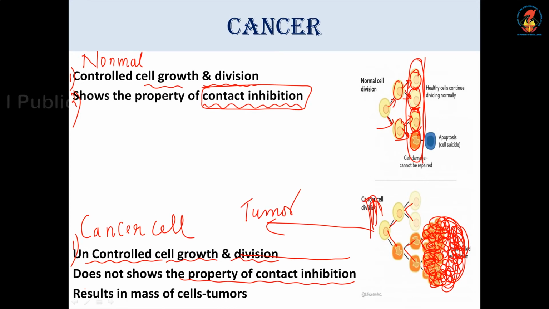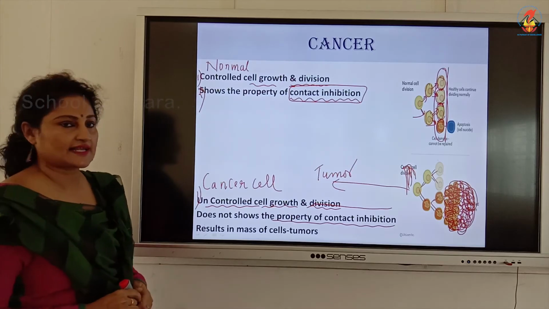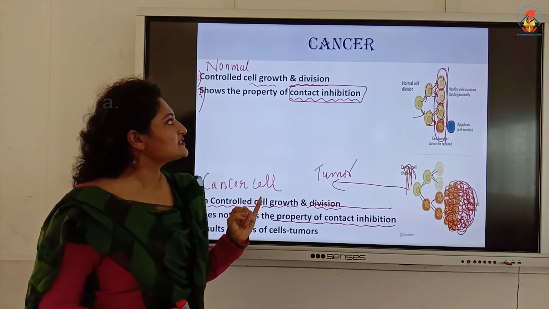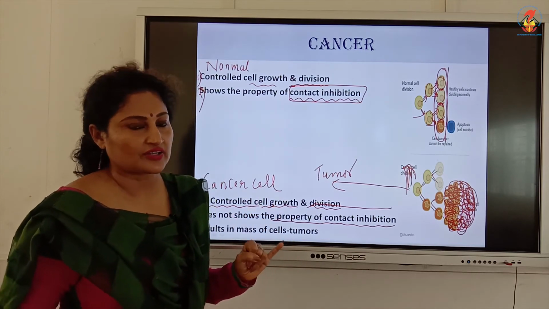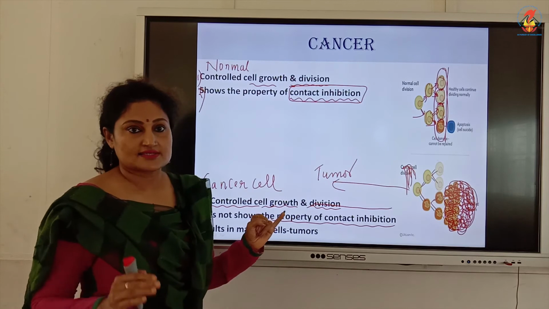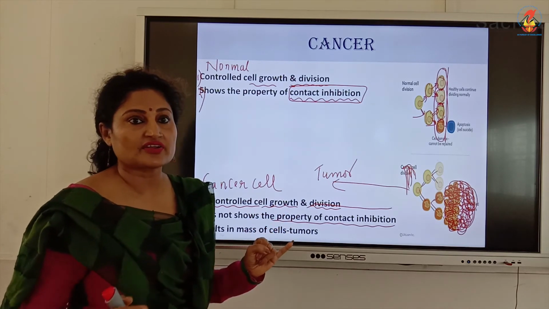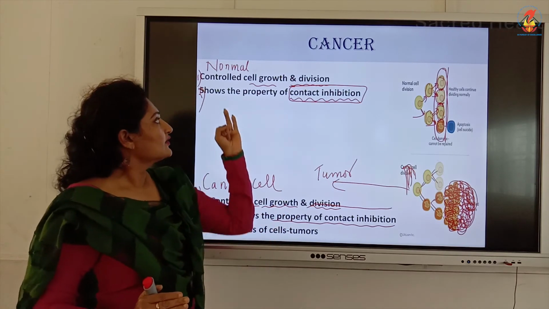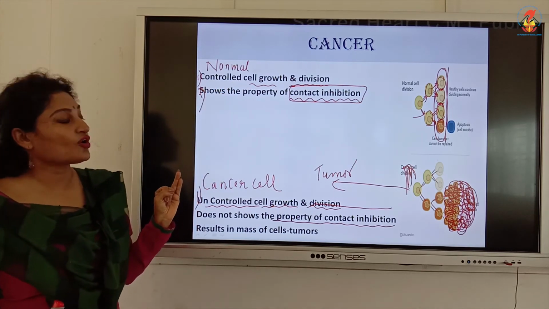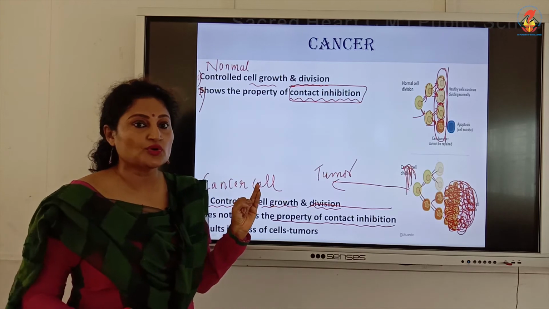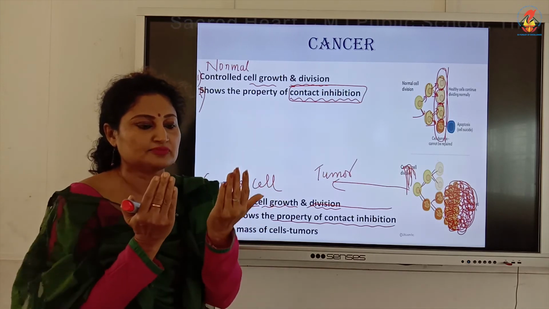I hope you have understood the 2 differences between normal cells and cancerous cells. So, once again, in normal cells, cell growth and cell division is controlled or regulated, whereas in cancer cells, cell growth and cell division is unregulated or uncontrolled. The reason for this, as the second point, is contact inhibition. Normal cells show contact inhibition. What is contact inhibition?